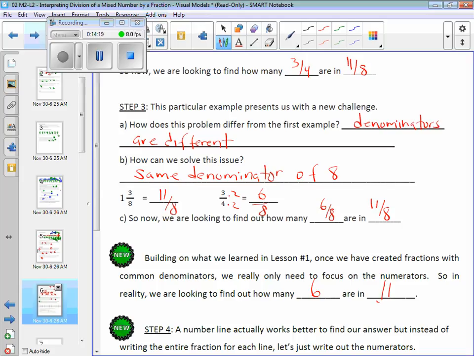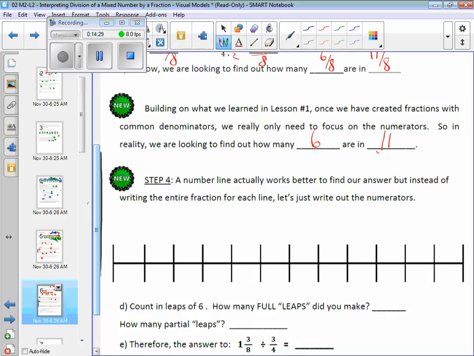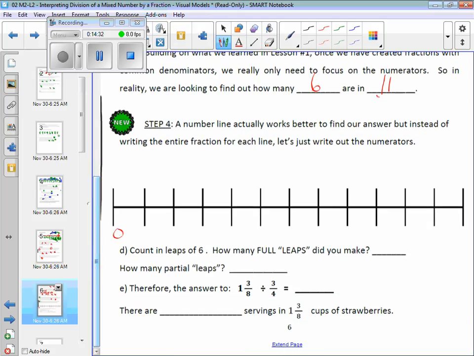Yes. And then when we make our number lines, since everything is in 8s, are you okay with counting by just the numerators? Because this is really 1/8, 2/8, 3/8, but since our denominators are the same, all we really care about is how many times the numerator goes into the numerator. So all I'm doing is giving myself less to write. But if that's confusing to you, then put everything over 8.